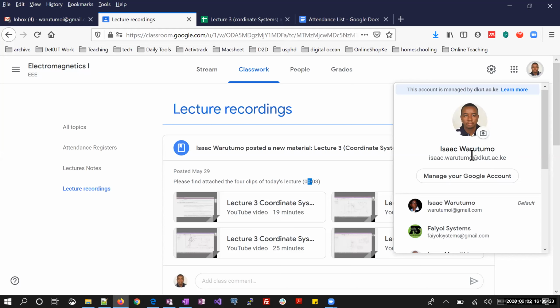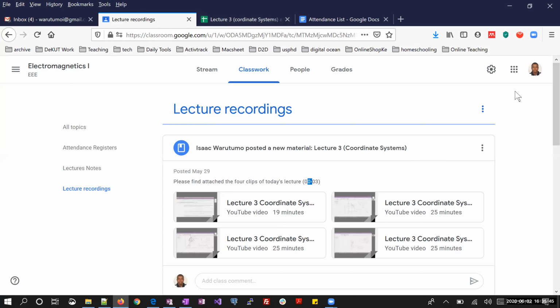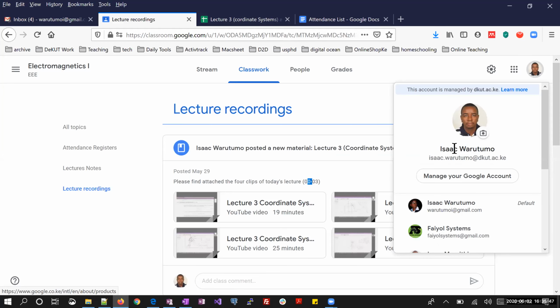And I know we solved all the problems for those people who had problems accessing their Dakut email. If I change from that, it is going to take me somewhere else, which is not what I want. It will give me other classes which are not part of this class. What we want is that you must log in with your Dakut email.